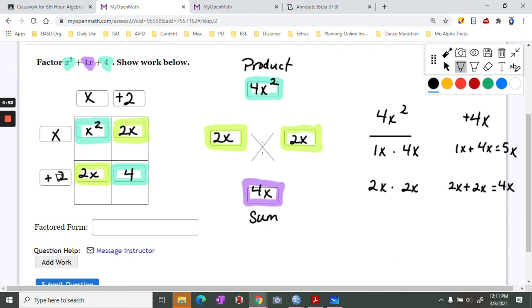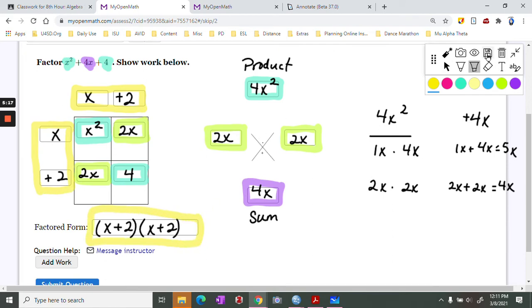Positive 2. And positive 2 times positive 2 is my 4. So my factored form is the quantity x plus 2 times x plus 2. Okay, so I am going to outline that in my yellow highlighter. Okay, and that's my factored form.